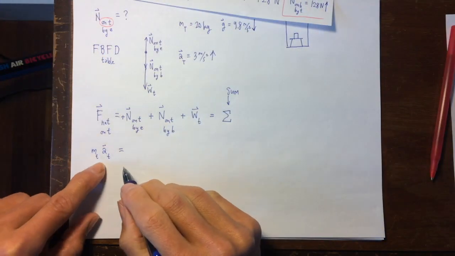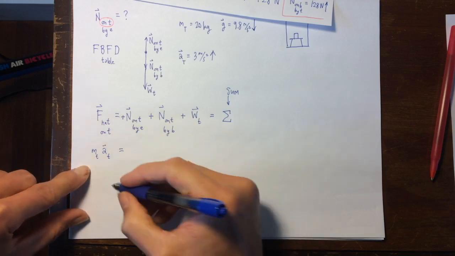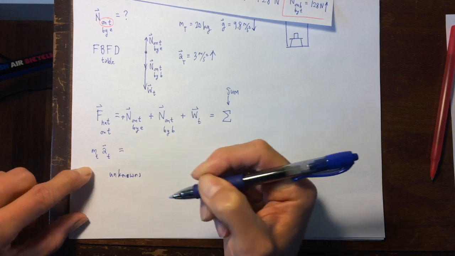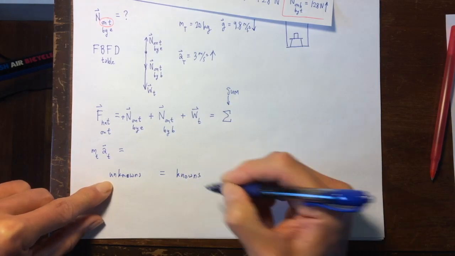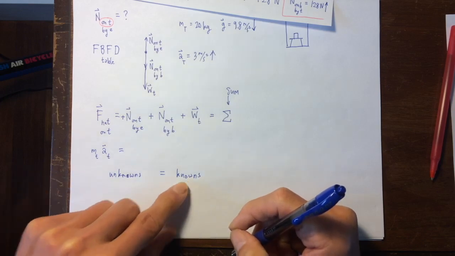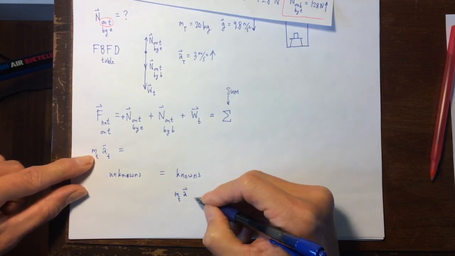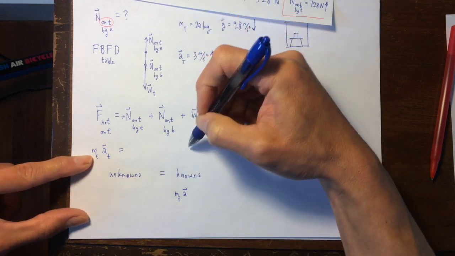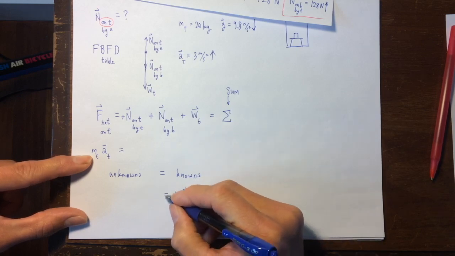All right, so remember I told you that I was going to move all the unknowns to one side. So I'll put the unknowns on the left, and I'll put the knowns on the right-hand side. So the knowns side is the mass of the table times the acceleration of the table. And then this is also a known, but I'm going to subtract it to the other side. So there is an algebraic minus sign that just showed up.